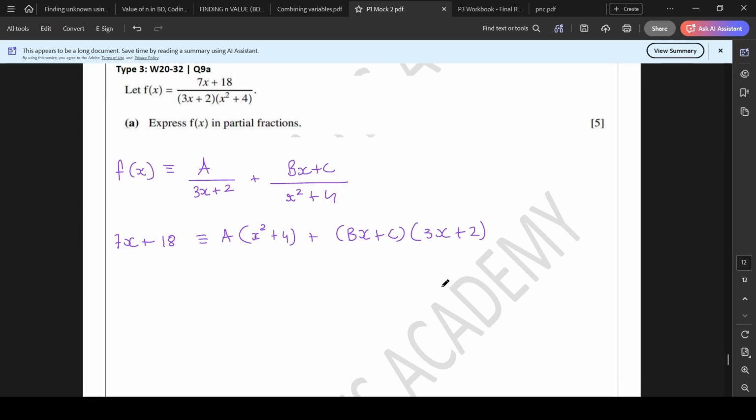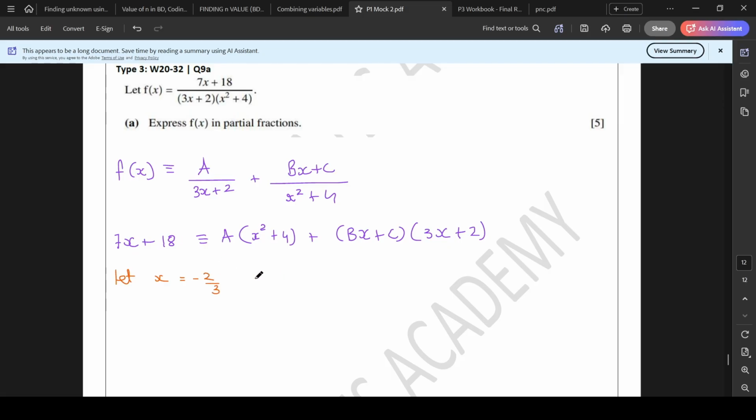And over here, if I let x equal to minus 2 by 3, I'll get 0 for this bracket, and I will be able to find the value of a. So let x equal to minus 2 by 3.